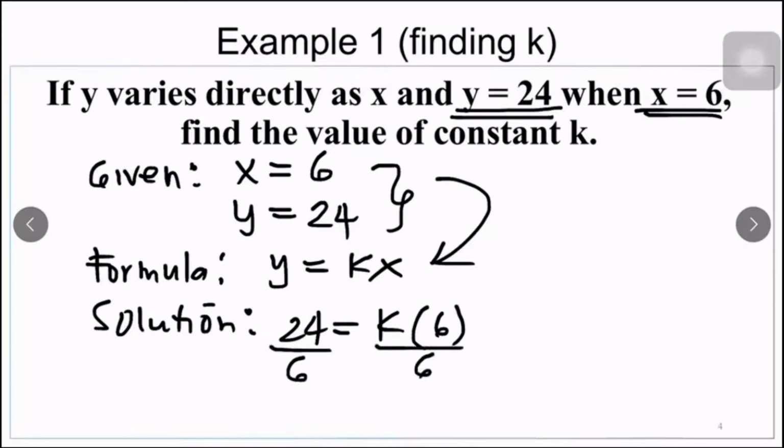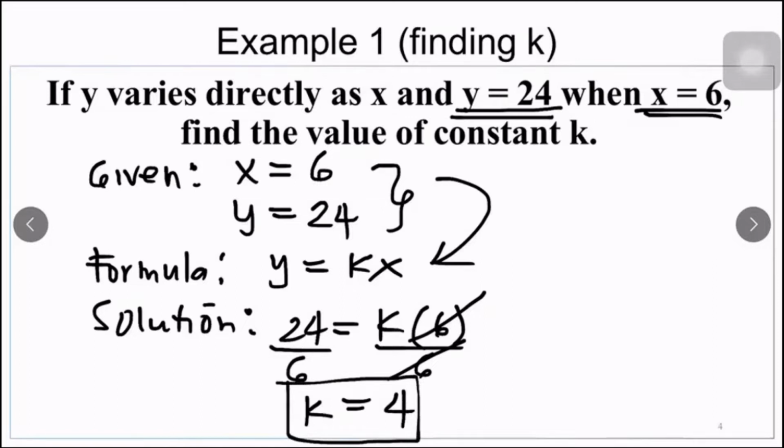So what remains is k equals 24 divided by 6, which is equivalent to 4. Therefore, our constant of variation is equivalent to 4. This is our final answer.